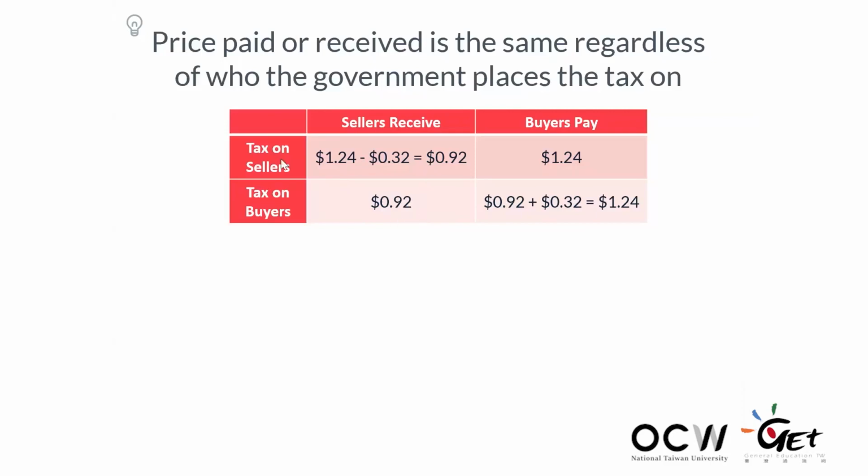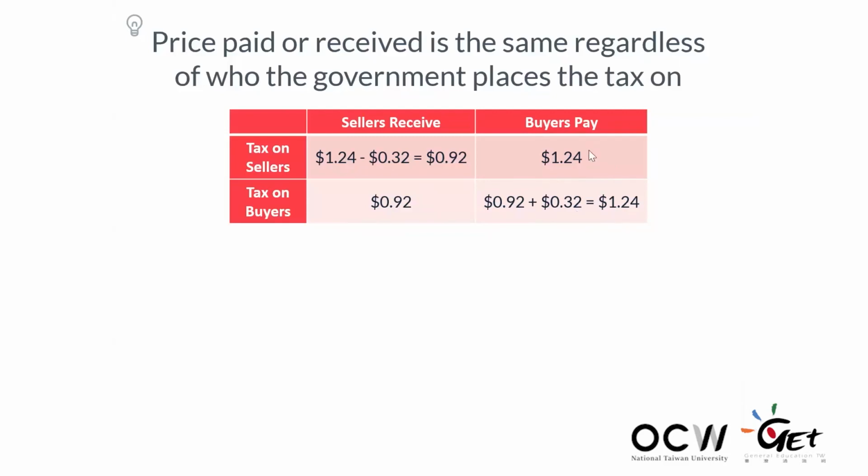When you tax the seller, buyers are paying the equilibrium price of 124, but the sellers are not receiving all of that because the sellers have to pay the tax. But when you tax the buyers, they are paying not only the 92 cents in equilibrium price, but also 32 cents in taxes. And you add this up, it's exactly 124.